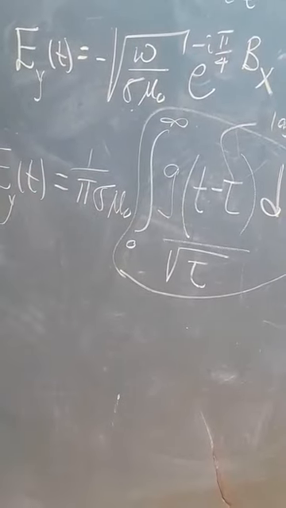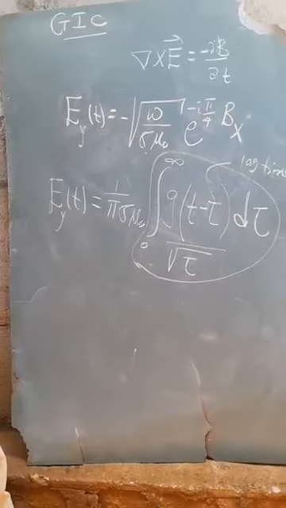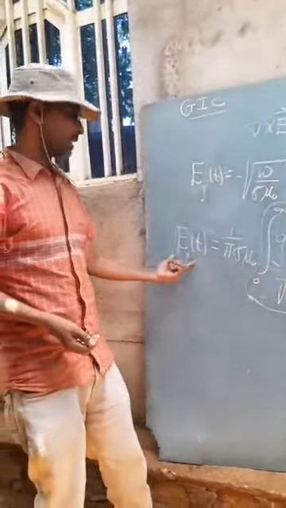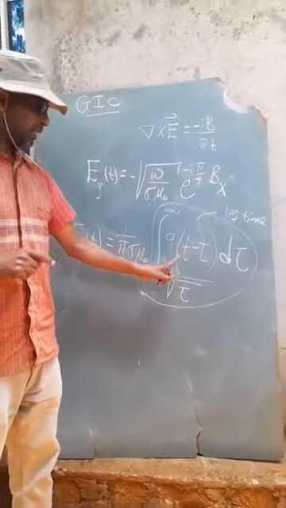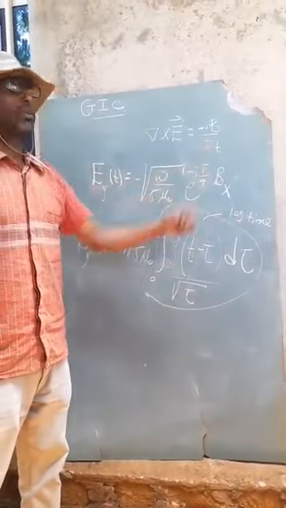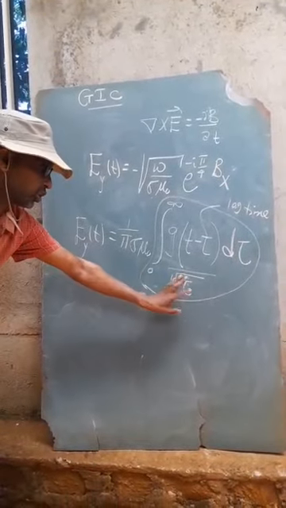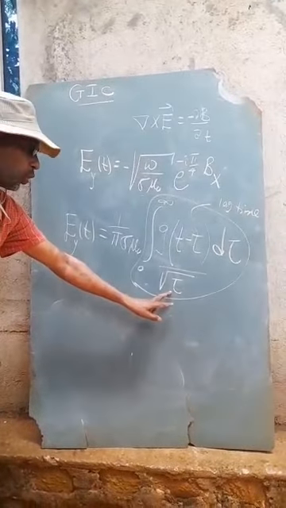The implication is that because of the causality principle, the geoelectric field depends on earlier time variation of the magnetic field. The denominator is the square root of the lag time, the square root of tau.